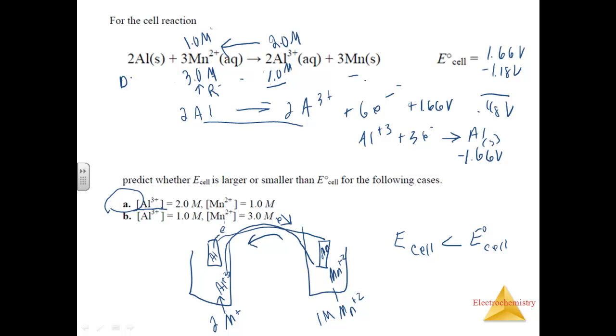So that is going to shift this reaction to the right, away from the higher concentration here, which is going to cause me to have more oxidation, more reduction, and therefore a higher E cell. So for A, I got a lower E cell. For B, the E cell at the conditions listed in B is going to be greater than E naught cell. In the next podcast, we're going to talk about how we actually quantify that.